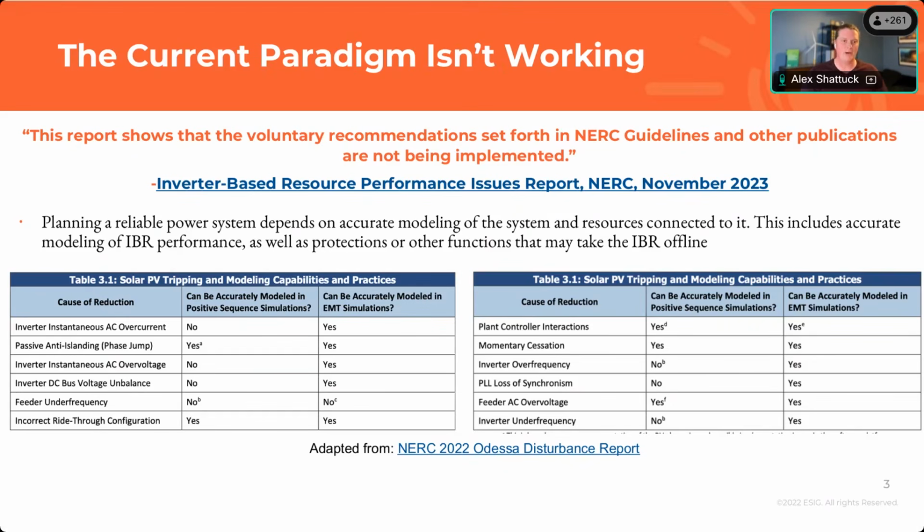If we keep to the current paradigm of focusing mainly on phasor domain positive sequence simulations, we're missing it just by virtue of not using the correct simulation domain. If you shift your mind a little bit and move on to EMT, electromagnetic transient, which is the advanced version of study work, you get a lot more yeses here. Pretty much all yeses for capturing those causes of reduction.